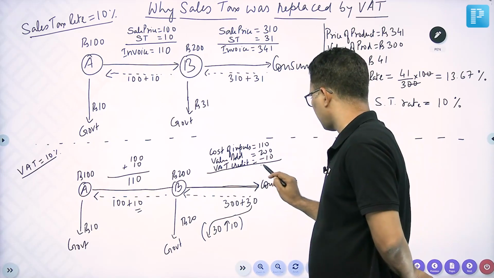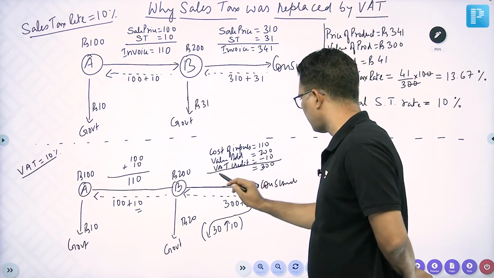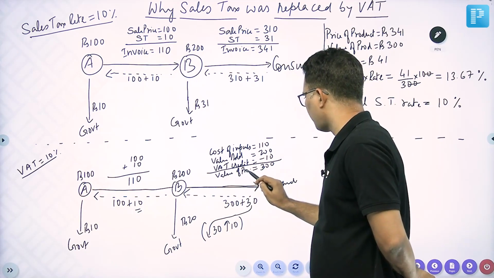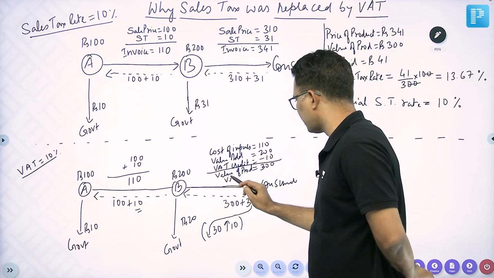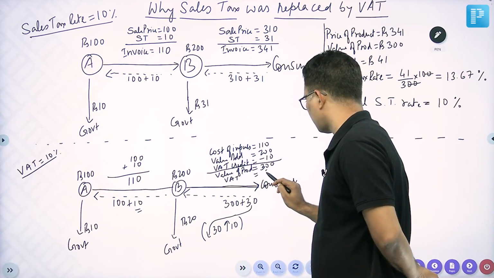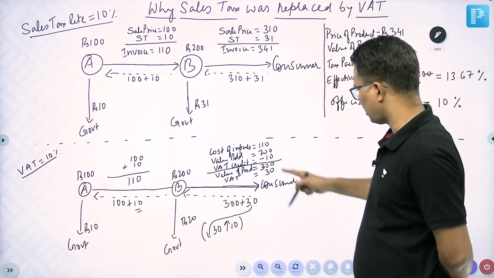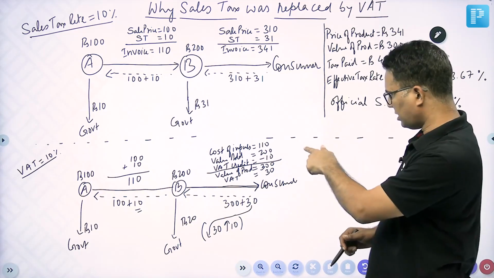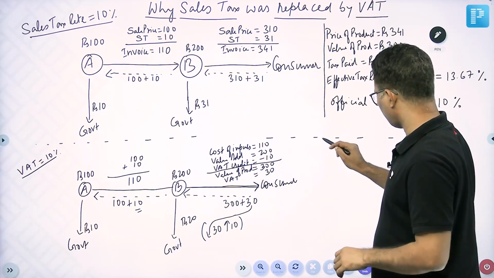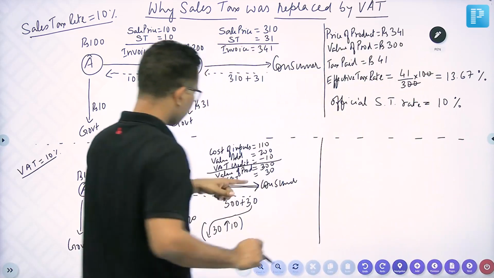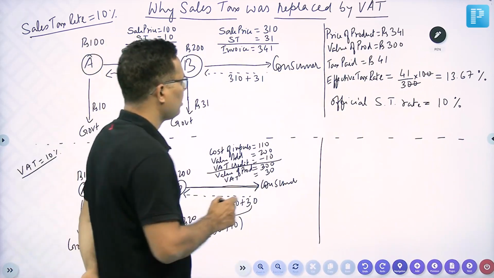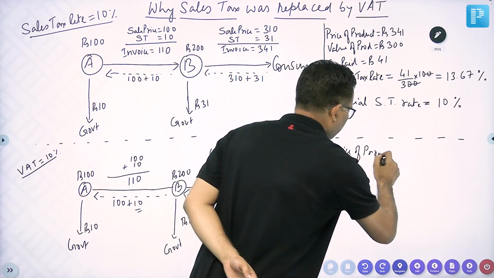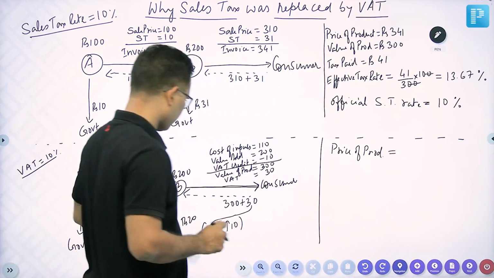So, this becomes 300 value of product. Value of product becomes 300 and VAT becomes 30. So 300 plus 30 consumer pays. Now in this case, if you will see, price of product for consumer 330.